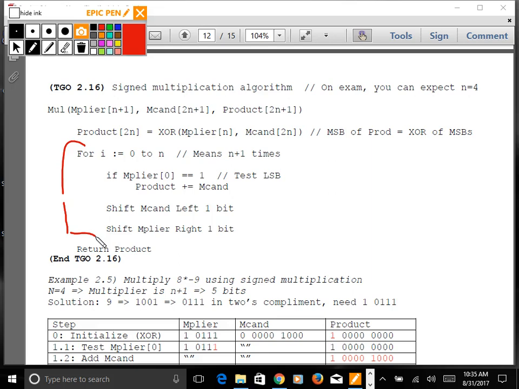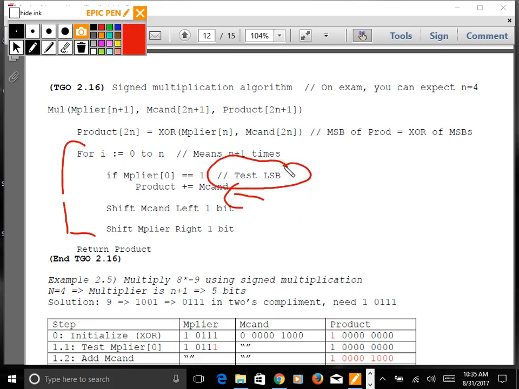If the least significant bit of the multiplier, the 0th bit, is 1, that means we're multiplying by 1. So we add the multiplicand and store it in the product register, which starts at 0.